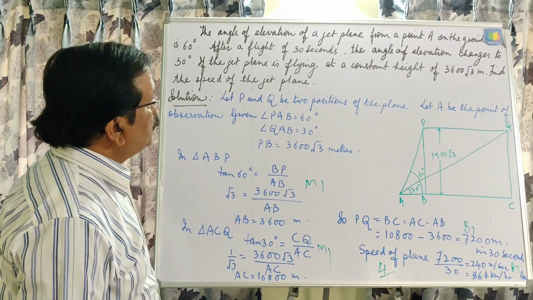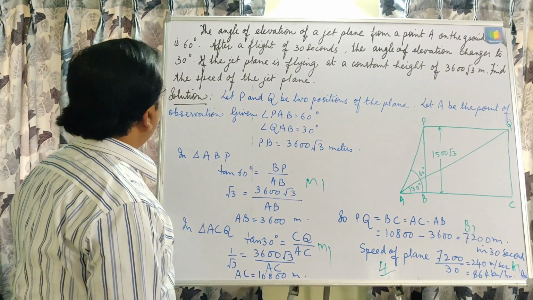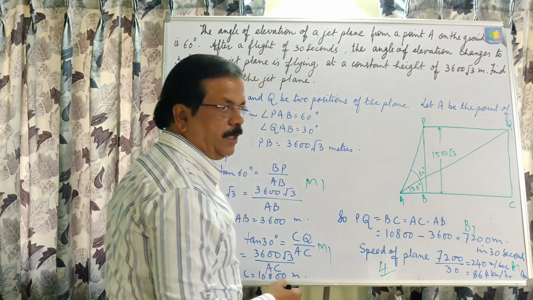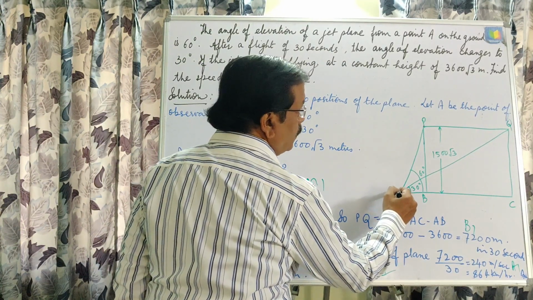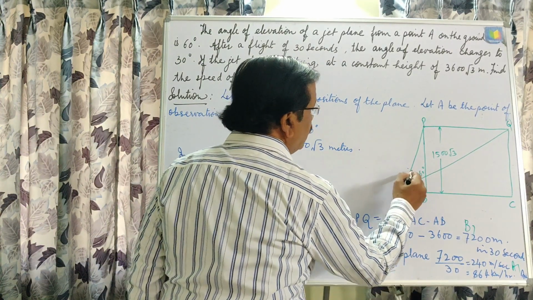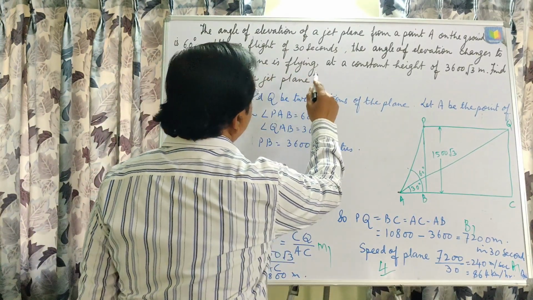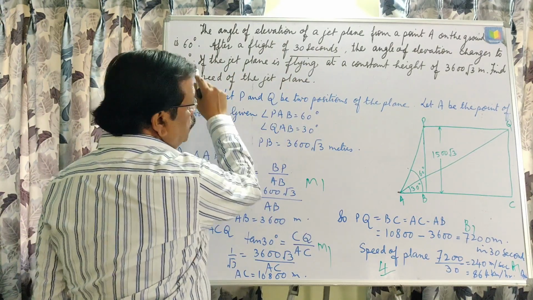The angle of elevation of a jet plane from a point A on the ground is 60 degree. This is the jet plane in its earlier stage, and we are observing from the point A, and this angle of elevation 60 degree. After flight of 30 seconds, the angle of elevation changes to 30 degree.